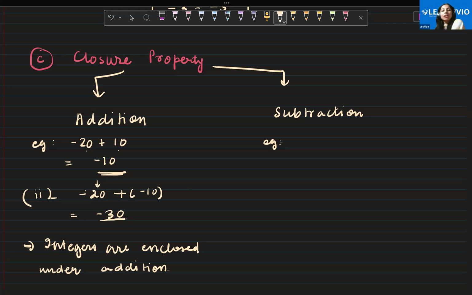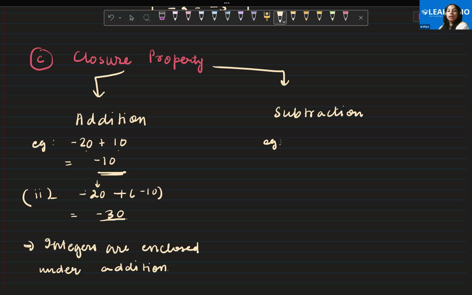Closure property for addition, what did I explain? I told that all the integers are like, what was the word? Enclosed under addition. Okay.